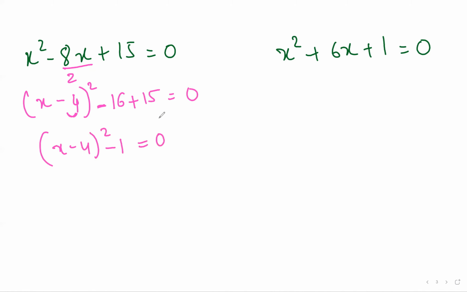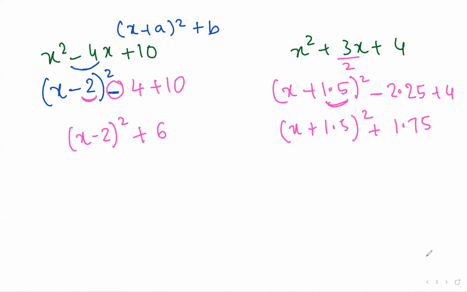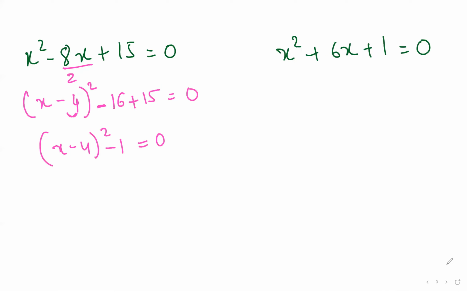The difference here is that till here there was nothing equal to, it was only the expression. But here there is an equal to 0. So what we will do? (x − 4)², numbers on the other side. So this is equal to 1. Correct? The square, when it goes on the other side, becomes a root.